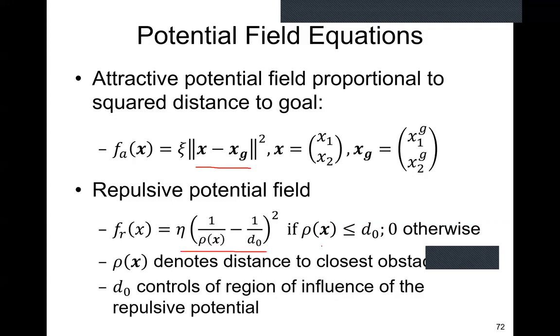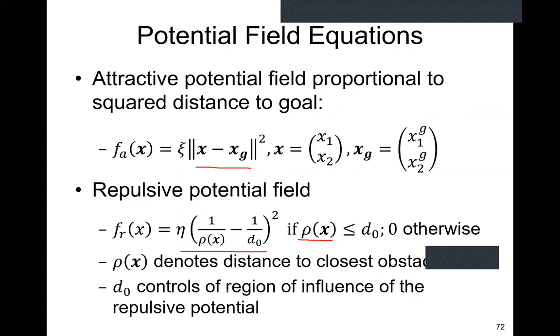If the distance to the closest obstacle, rho, is less than or equal to a threshold d0, then you have this form, and 0 otherwise.